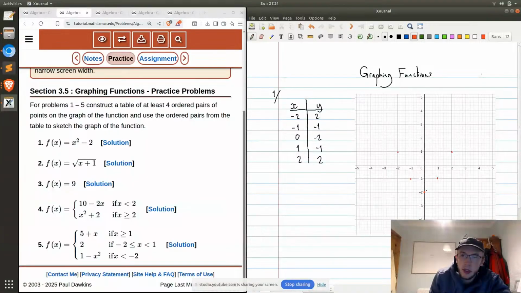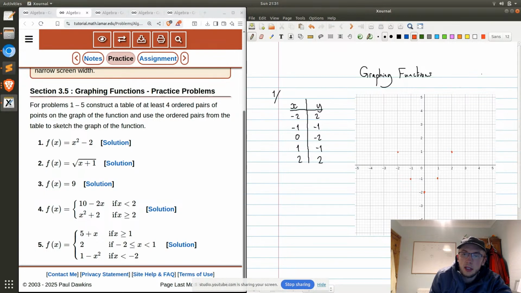And the most important thing at this stage is to not connect the points up with a ruler or straight edge, because that means that you don't understand that it's a continuous curved function, and it sort of smoothly connects the points.